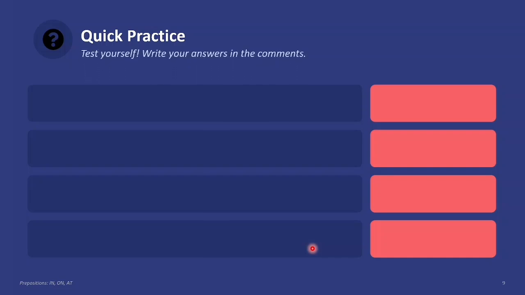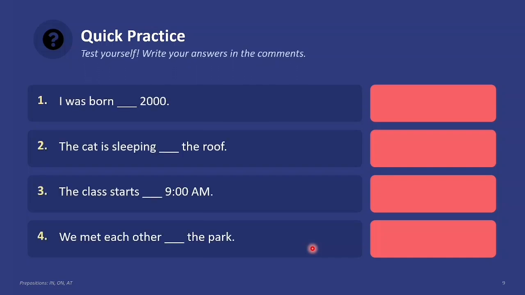Here I have some examples for you to check your knowledge. How much did you get from my lessons? Fill in the blanks with these three prepositions.